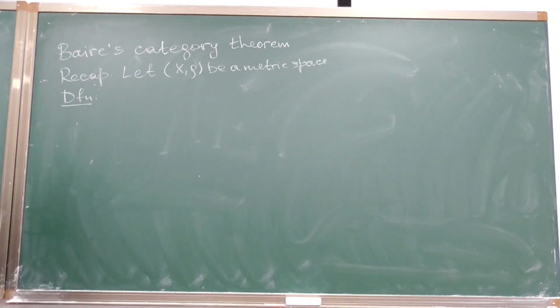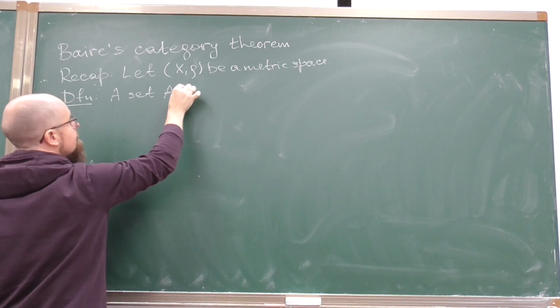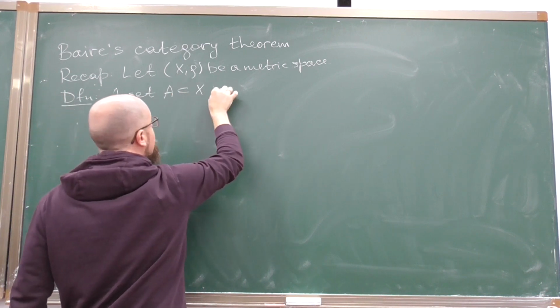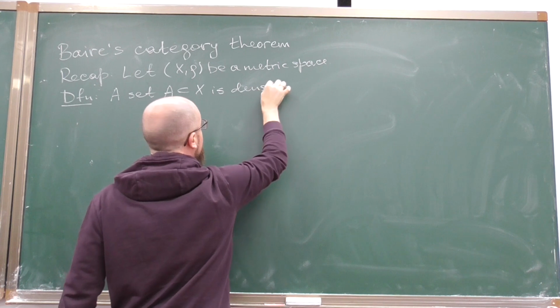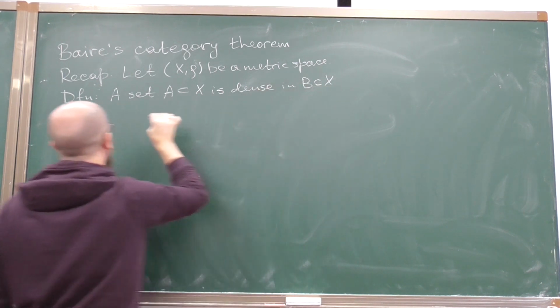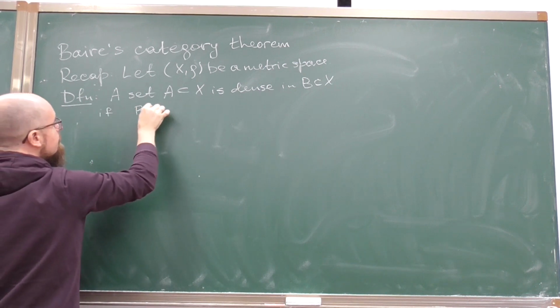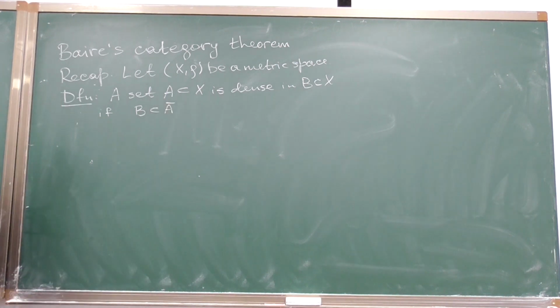And recall that we called a set A dense in the other set B if B is contained in the closure of A. So one set is dense in the other set.